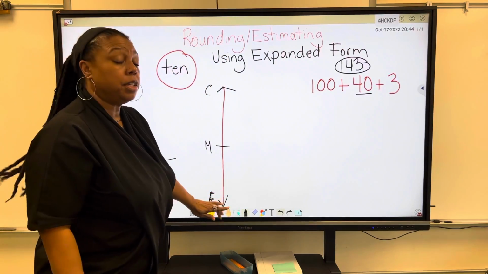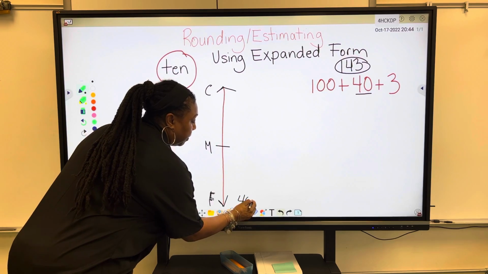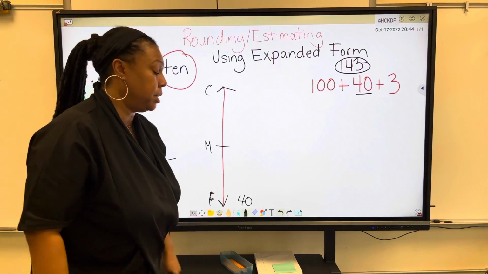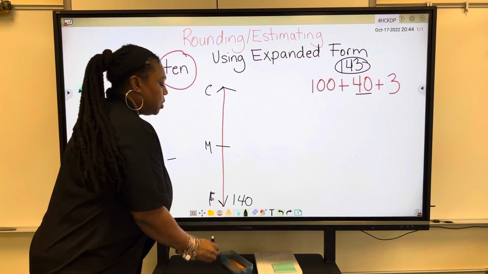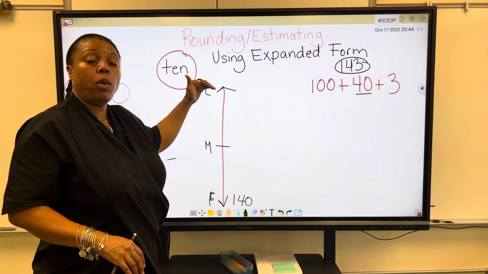So I'm going to go down here to the floor, and I'm going to write the number 40, because that's how many tens we have, but I also have 100, so I must include that. So now I have 140 is my floor, and now I want to know what is my ceiling.